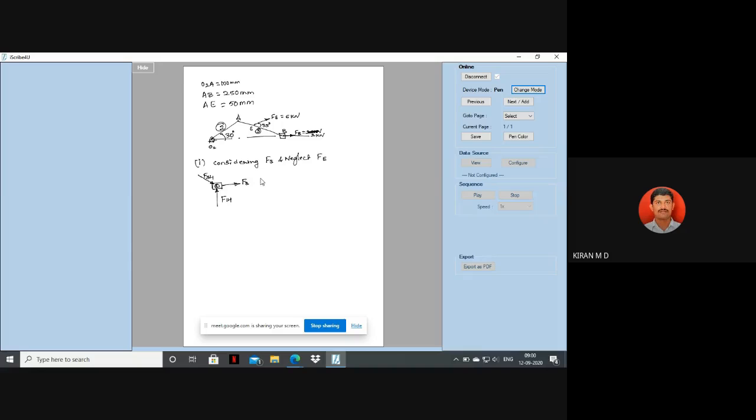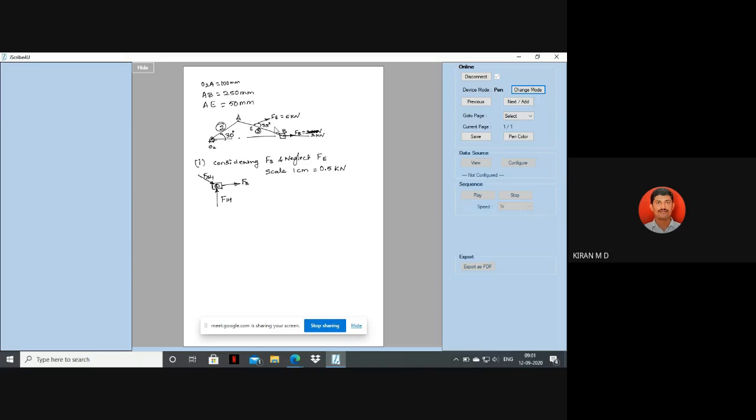I will use the scale 1 centimeter is equal to, I'm using 1 centimeter means 10 mm. If I use 1 kilonewton per centimeter, you are going to get 2 centimeter. That's enough. Otherwise, you can use 0.5 kilonewton.